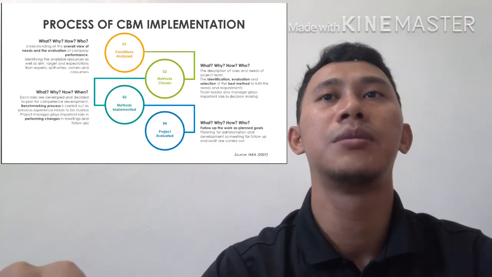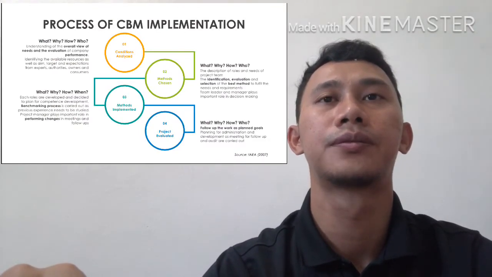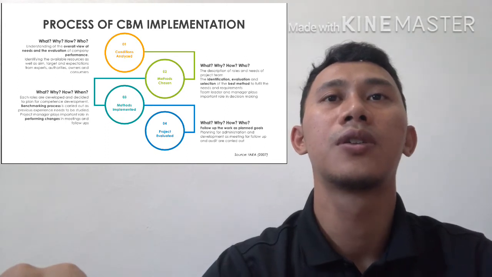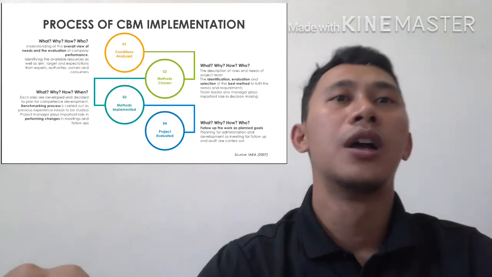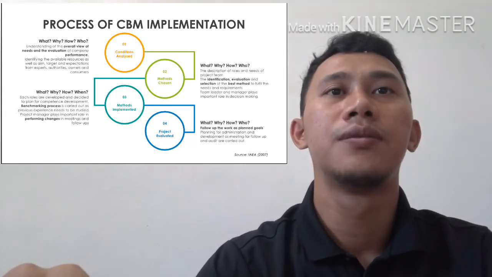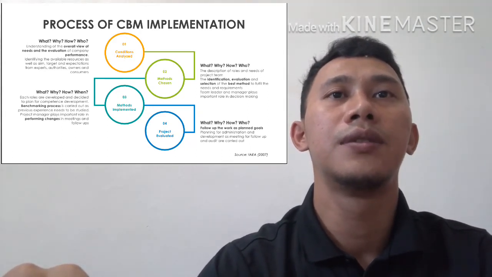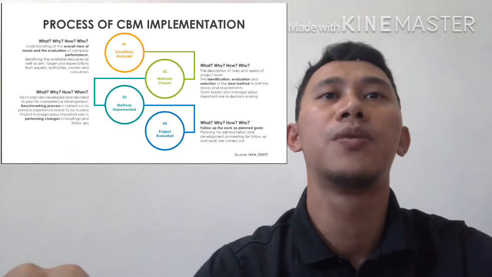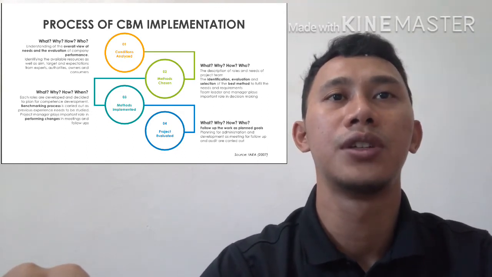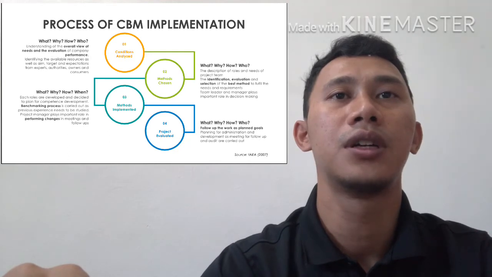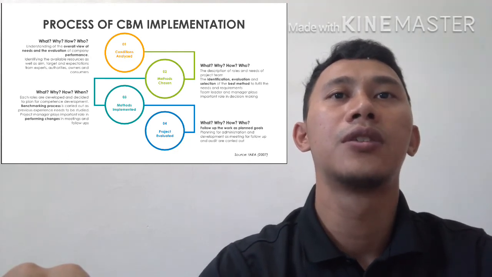Process of CBM implementation. First, condition analysis. Understand the overall view of need and the evaluation of company performance, identifying the available resources as well as aim, target and expectation from experts, authorized owner and consumer.